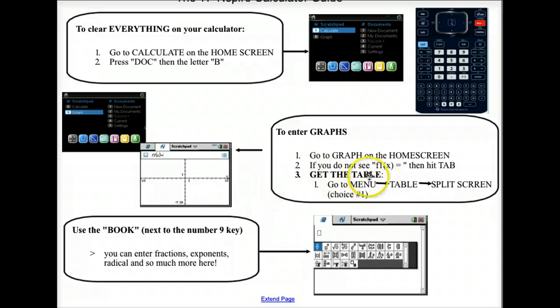You can also get the table so you don't have to do any calculation by hitting menu, table, split screen, which is choice number 1. And then the last thing I want to point out is the book, which is next to the number 9 key. This is where you can enter fractions, square roots, exponents, and so much more.